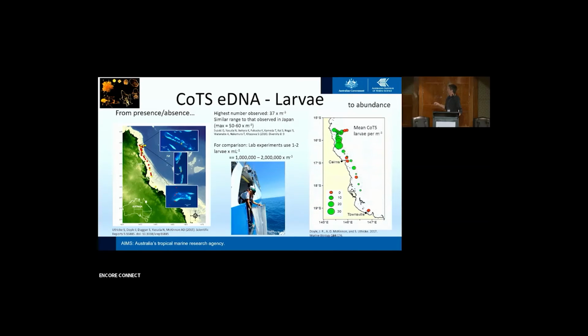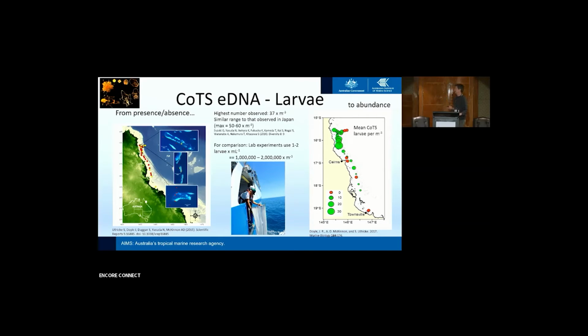A couple of years later, we worked up the method so that we can actually quantify the larvae within a reasonable range, and we showed we had larvae up to 38 larvae per sample. That's the highest numbers we see here, which is still not a lot, because a sample is per cubic meter, so that's only 38 larvae in a cubic meter.